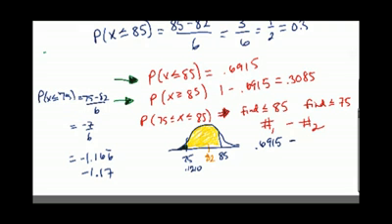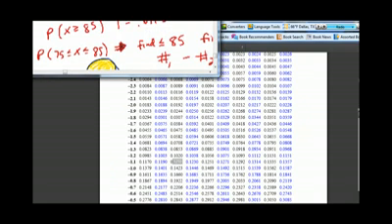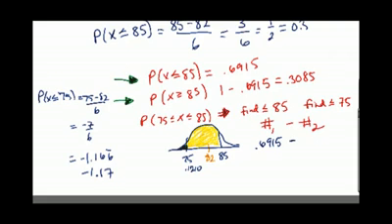Now let's undo that. There you go, finally. Let's do a different shade. Now you can see what we're talking about.